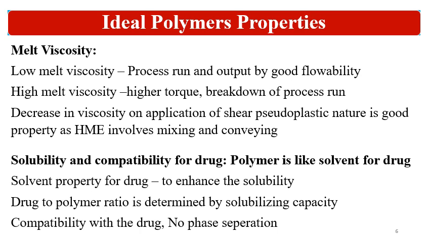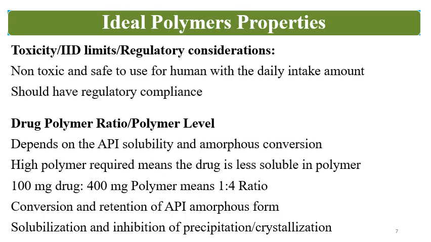Solvency or solvent capacity is the property of the polymer. The polymer should be able to dissolve the drug to enhance the solubility. Drug to polymer ratio is determined by the solubilizing capacity. Compatibility of the drug with the polymer is also needed, and it should be miscible. The polymer should not produce phase separation.